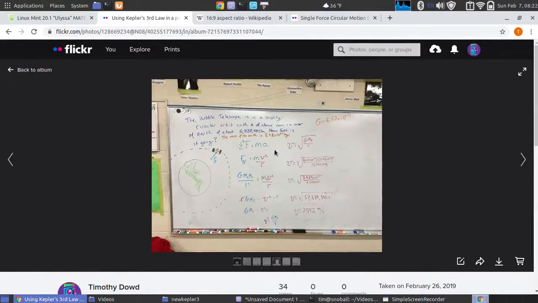What we're going to do now, though, is find an expression for v that we can plug in here, and that's eventually going to get us the relationship that we're looking for, the relationship between time for an orbit and distance from the thing you're orbiting. It's an equation you know pretty well.